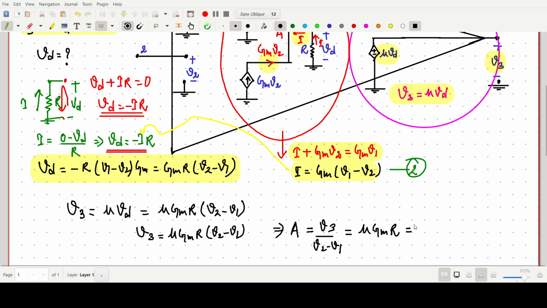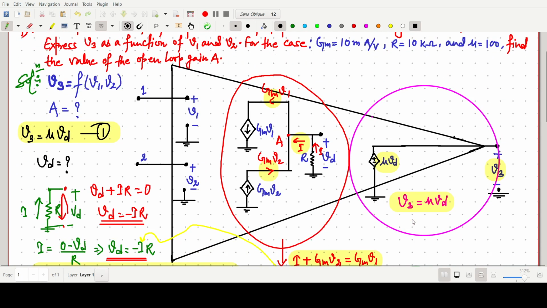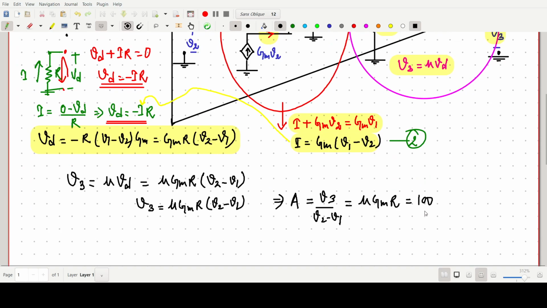In the question, mu value is given 100. R value is 10 kilo ohm, and GM is 10 milli, so 10 into 10 to the power minus 3. R is 10 kilo ohm, 10 to the power 3. It should be cancelled out, so A value will be 10 to the power 4. Now we have to write gain in dB.